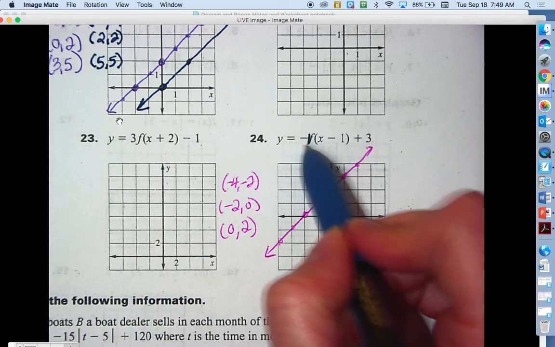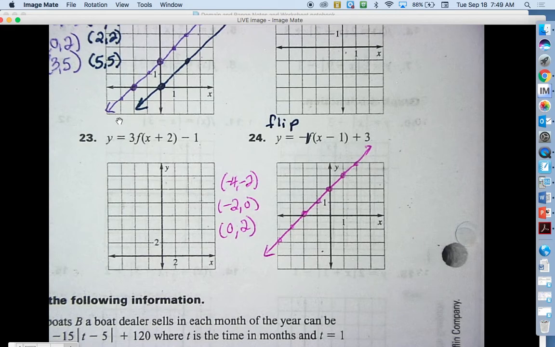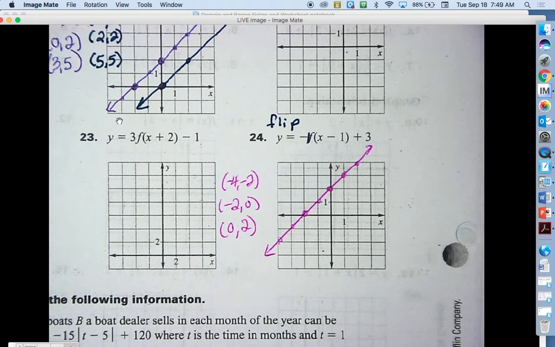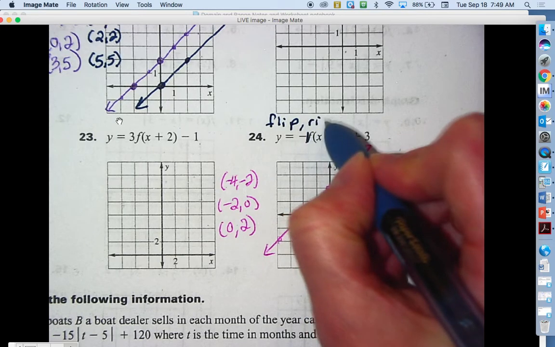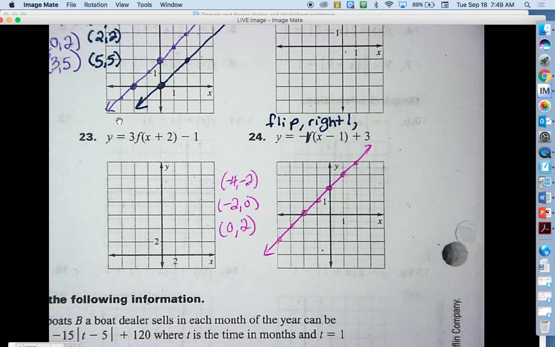Okay, so the negative part makes it flip. So the -1 in front makes the graph flip. What else happens with this graph besides flipping? Maggie, do you know what else happens? Does it go right 1? Yep, it moves right 1. And up 3.